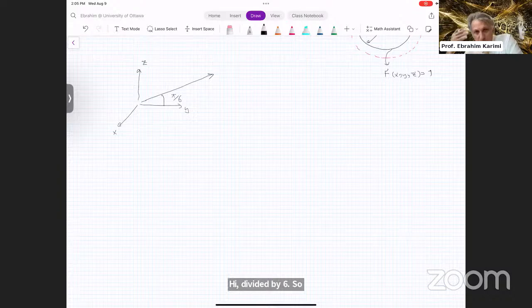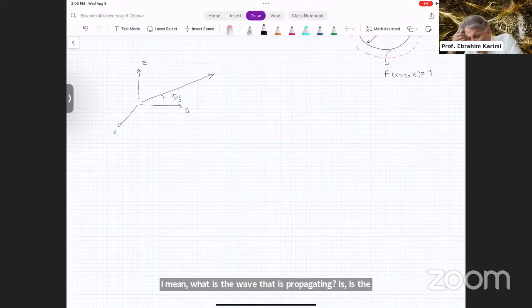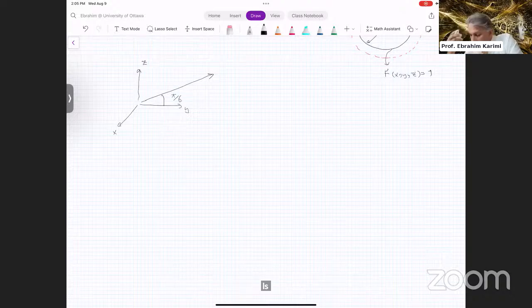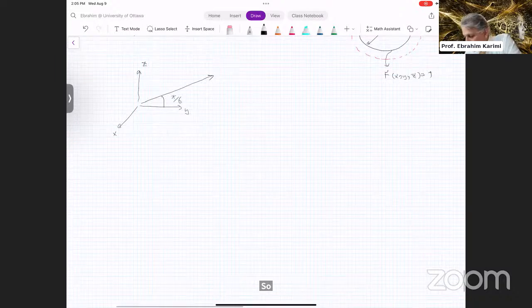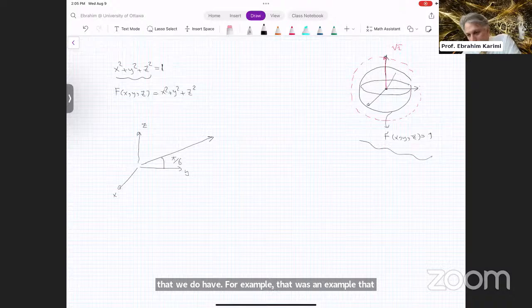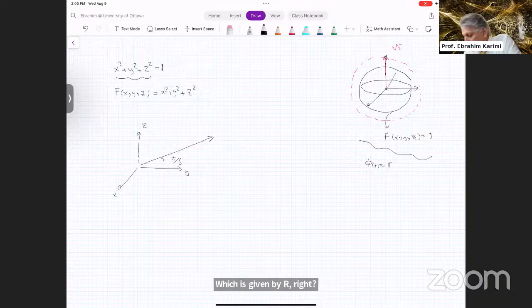What is the wave that is propagating? Is it a planar wave? Is it a spherical wave? That's a question that you do have. It depends on the situation. For example, that was an example that I gave, and I call this the spherical wave. It is what you have here, which is given by R, right? The phase that you have for the argument is equal to, for example, kR.